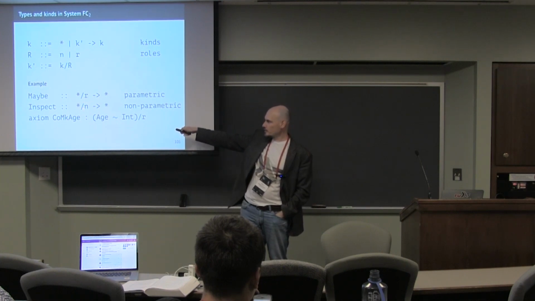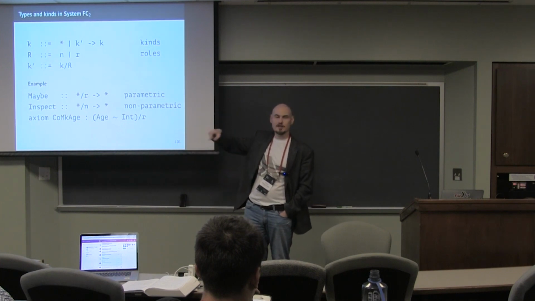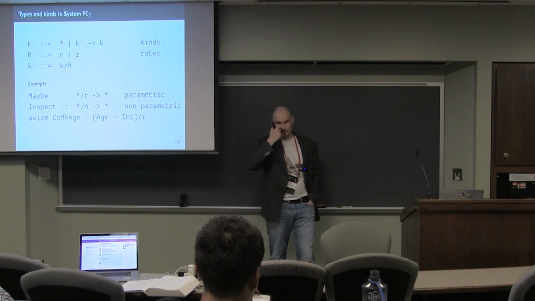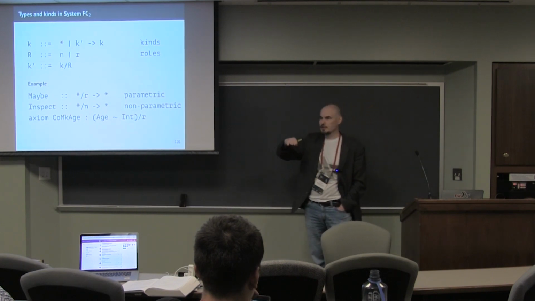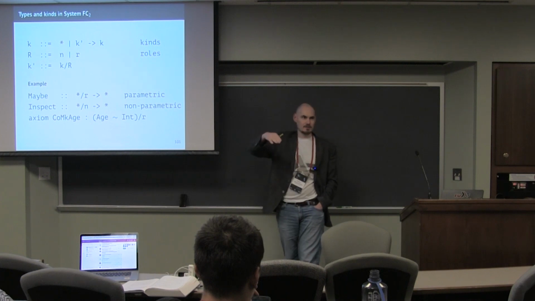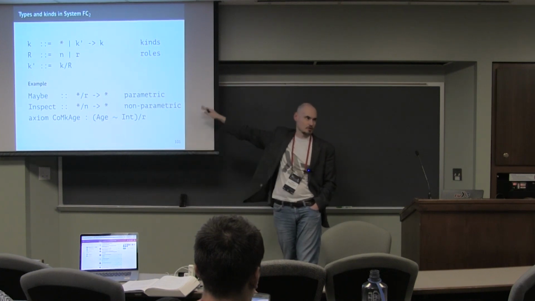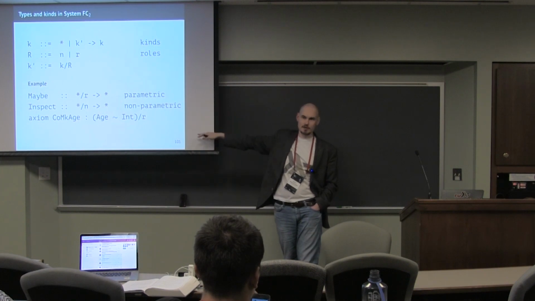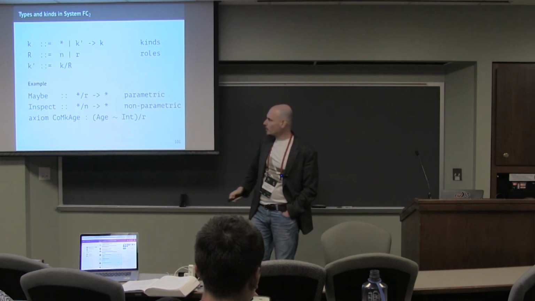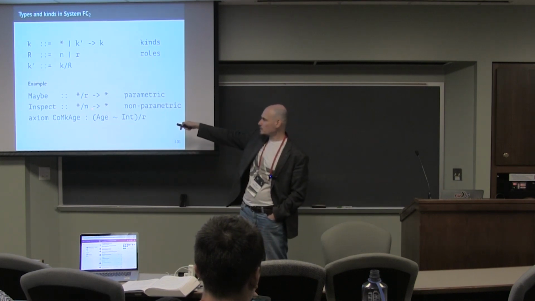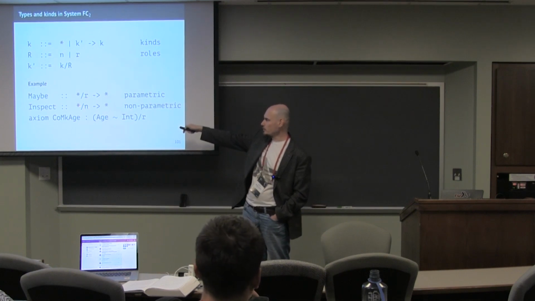If it's not parametric, like in Inspect, use this one. So you need an algorithm which decides whether this occurrence is parametric or not, and then it assigns the right kind to this type. So remember, we have no such things in Haskell source code. All this stuff is actually inferred using type checking. Sometimes it's this one, sometimes it's this one. So this nominal will be.